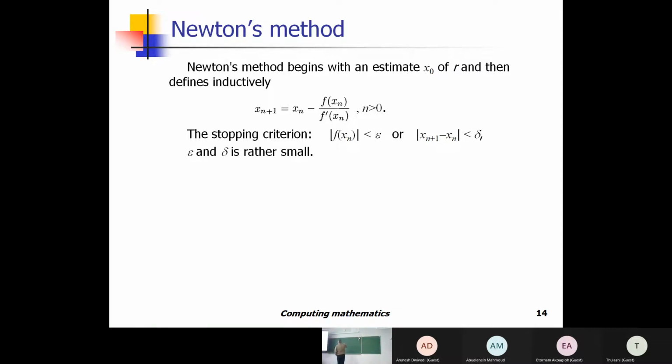And after that, using x1, I compute x2 that will be closer to the real root. And again and again.